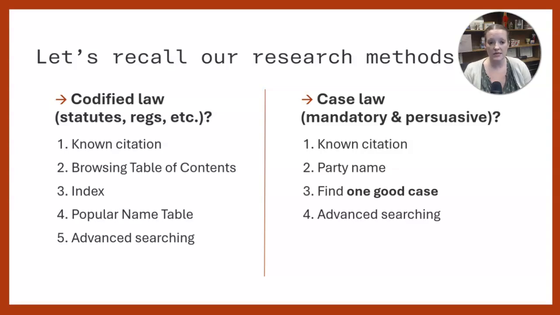So we looked at headnotes, we looked at key numbers, and we'll call back to that in just a moment. Citing references, table of authorities, right? We had all of these wonderful methods that would be beneficial for us working from just one single case.